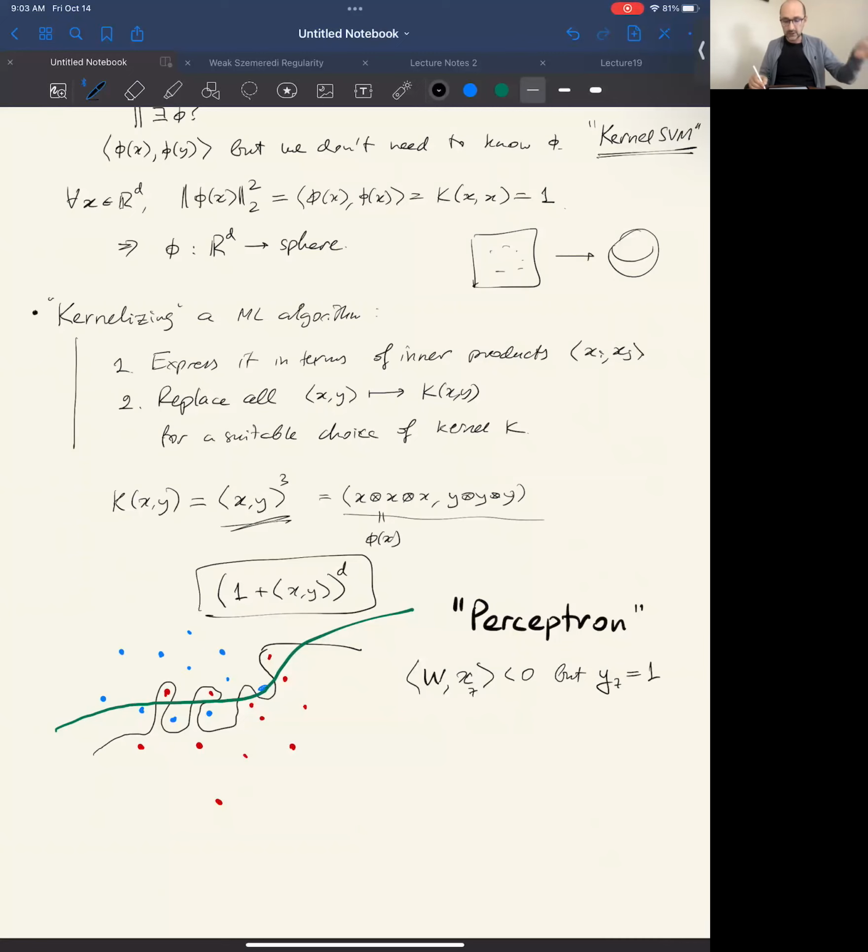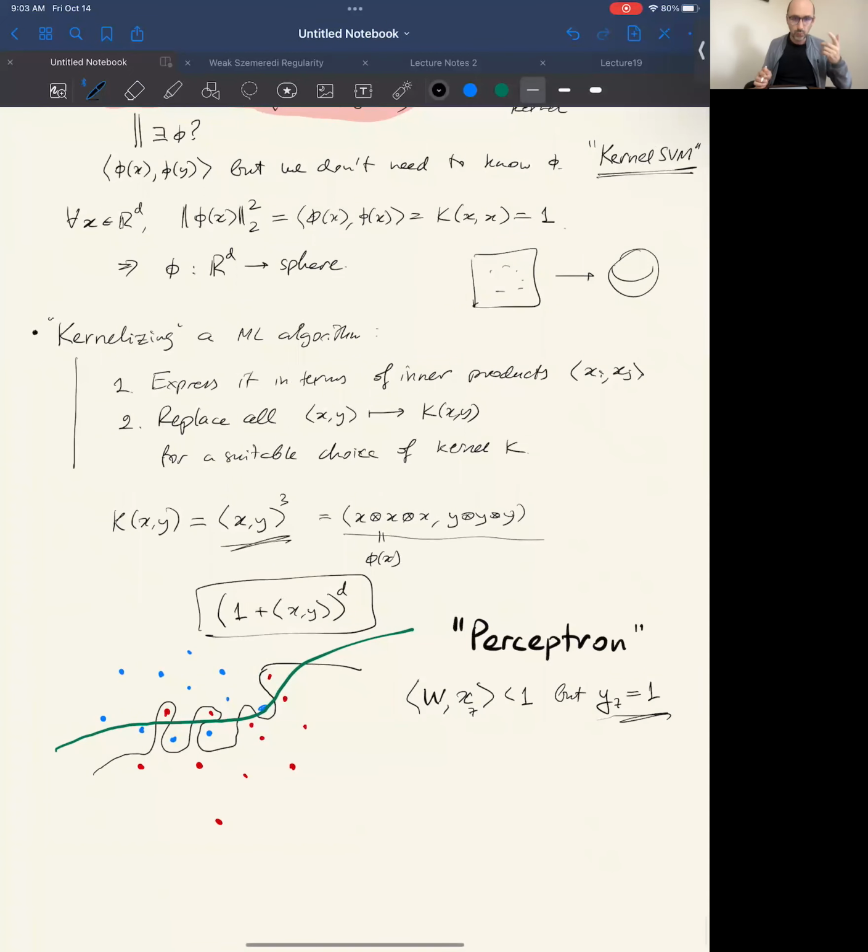So it's a cancerous point, and we classify it as non-cancerous. So what do we do? Well, W underperforms on X7.